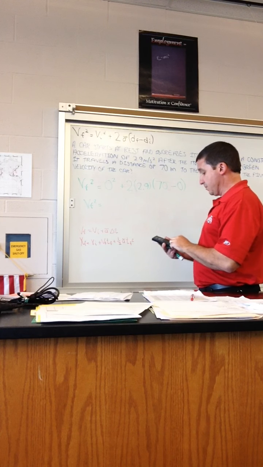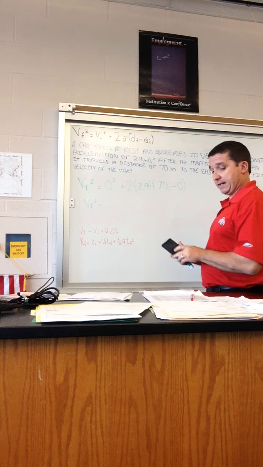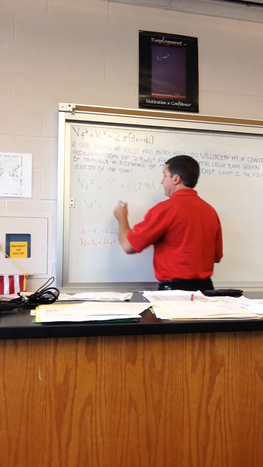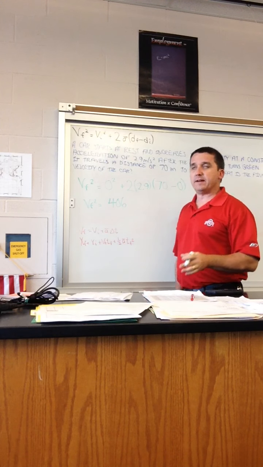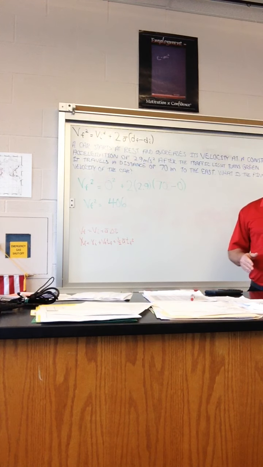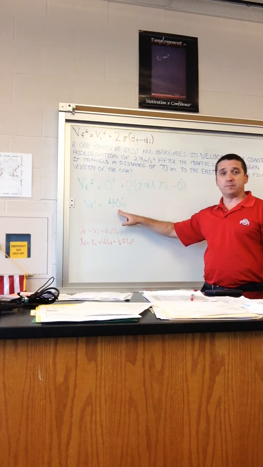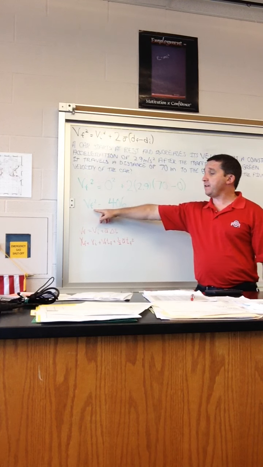So 2 times 2.9 is 5.8, times 70, and that gives you 406. Now, I don't know if you've read my guided notes yet, but what I did say there was you're not done when you get to this point, all right? Because this is v sub f squared.